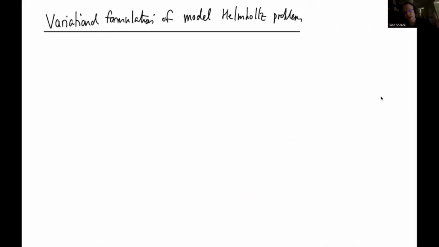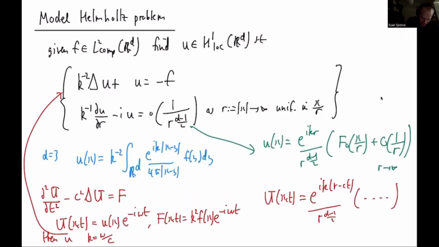The natural space was H1, where both the function and its weak derivative are in L2. We're going to do the same thing here. The only subtlety is that the Helmholtz equation is posed in this unbounded domain, in R^d, and actually u is not in H1 of R^d. It doesn't decay quickly enough for that.